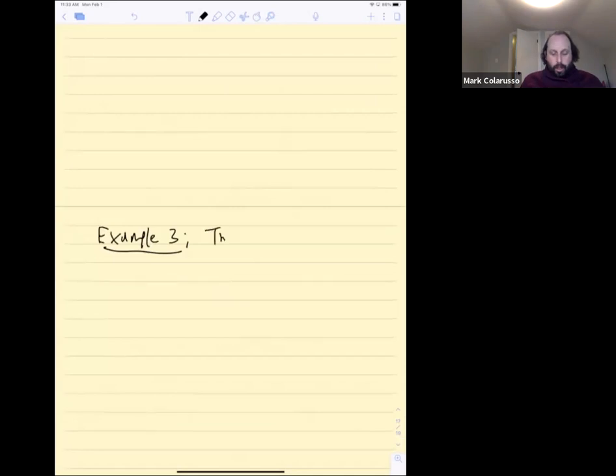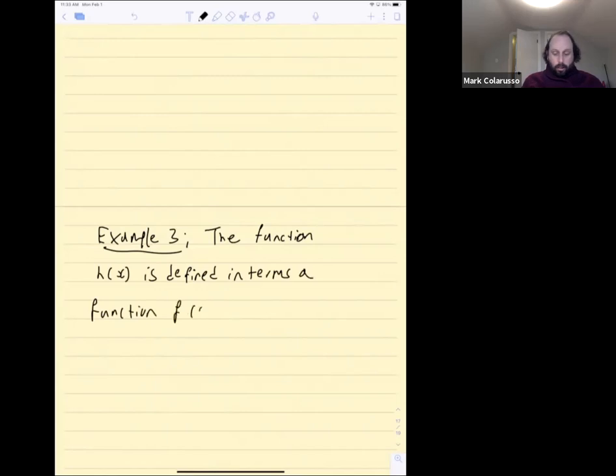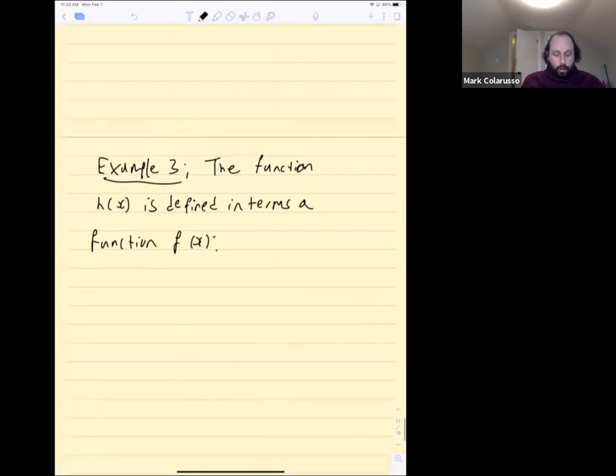So the function h at x is defined in terms of a function f at x. And we're told that h at x is 17 multiplied by f evaluated at 2x plus 1.